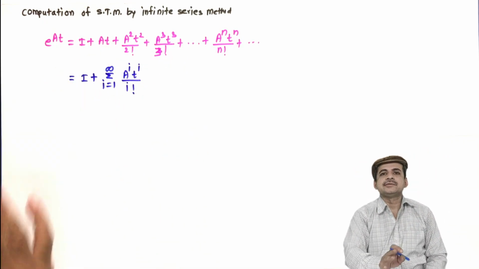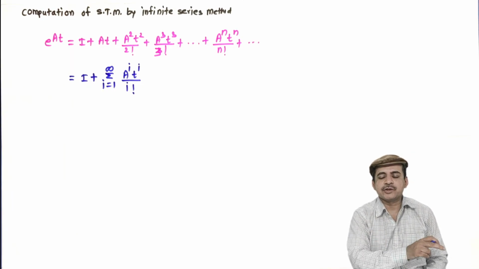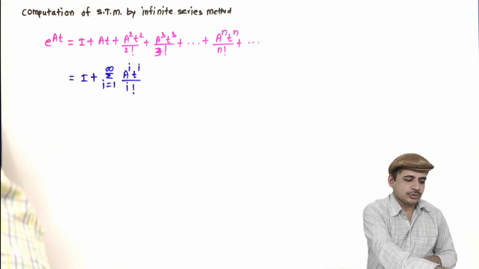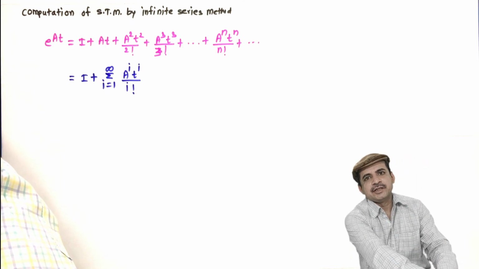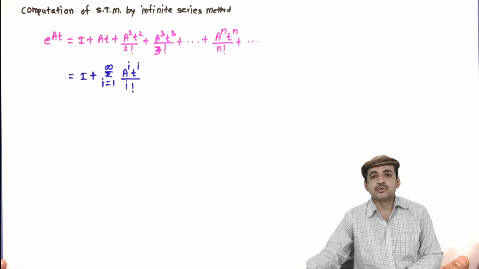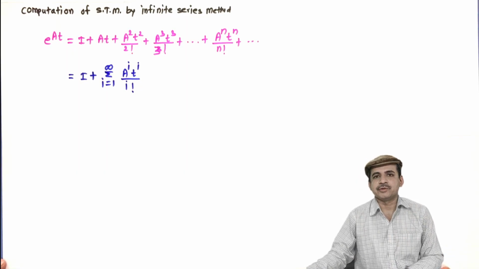You can do it like this, and you can use a computer algorithm to solve this. So this is enough in today's class. In the next class we will see how to compute the solution of the non-homogeneous state equation. Thank you.